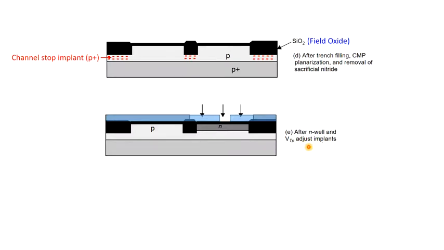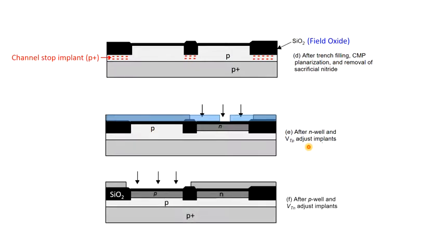After this, using a similar process, we should also create this P well by doing an implantation of group 3 materials or these acceptors, right?